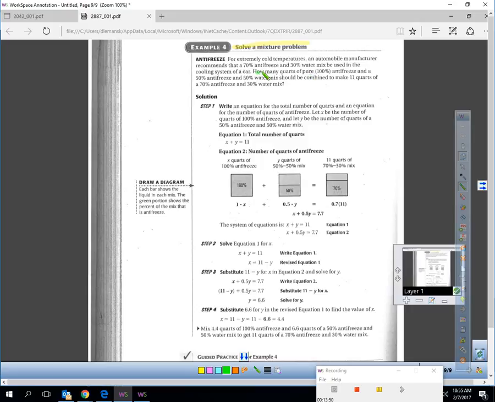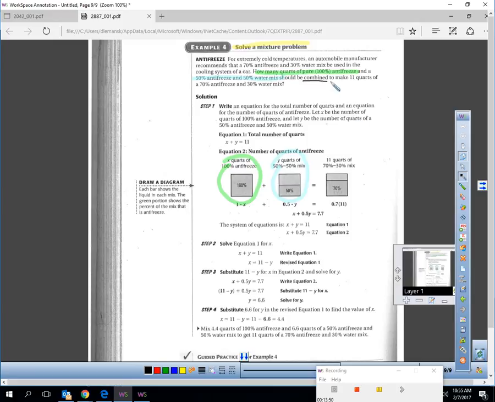How many quarts of pure 100% antifreeze, which you see here, you remember us drawing these pictures earlier in the year, and a 50% antifreeze and 50% water mix, which you can see here, how many quarts of each should be combined?